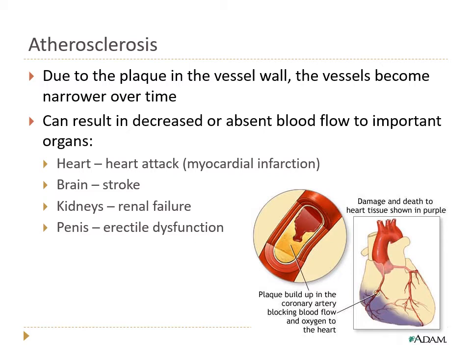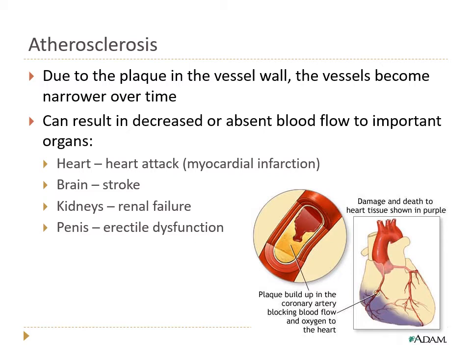If you have death of brain tissue due to blockage in the arteries from atherosclerosis, that is a major cause of stroke. If you have damage to the kidneys from atherosclerosis, that can cause renal failure. And if you have obstruction in the arteries that supply blood to the penis, that actually impairs your ability to get sufficient blood flow into the penis to maintain an erection.